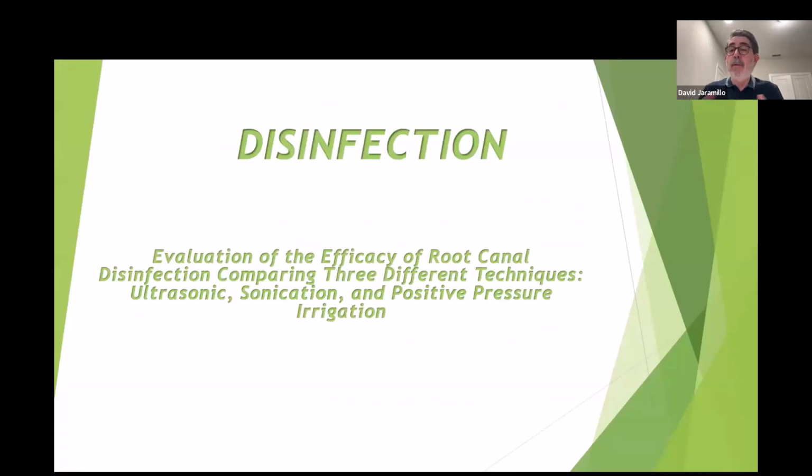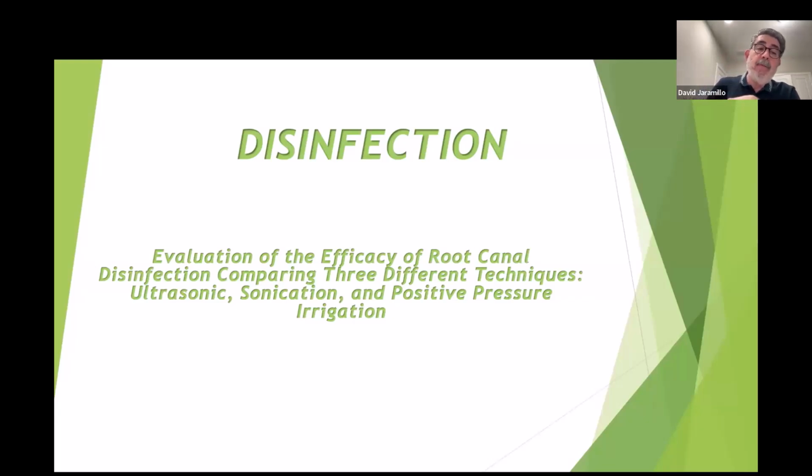Some papers are criticized because of the methodology, but unfortunately, we don't have better methodology in endodontics, like infecting straight root canals and then disinfecting those straight root canals. Well, that doesn't make a real difference. So the disinfection studies try to compare different solutions, different instrumentation, different irrigation techniques, and see which could be the best way to disinfect the root canal.